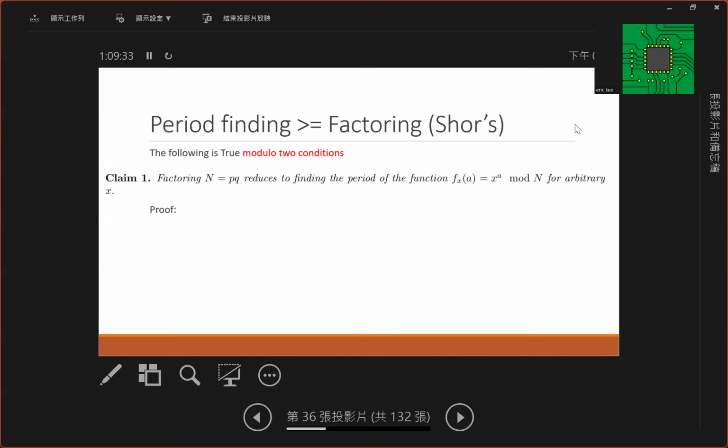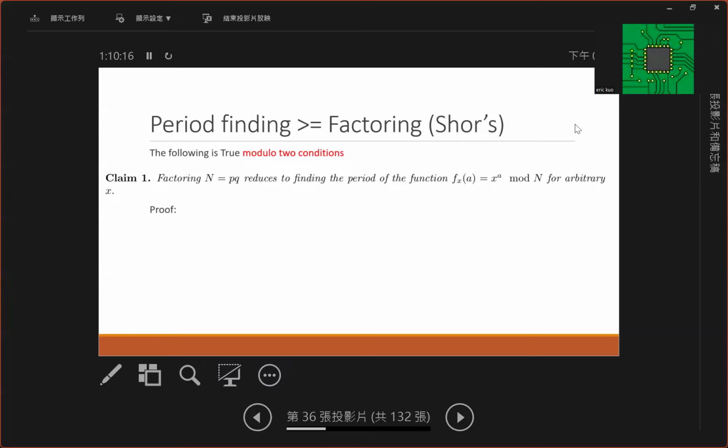I just compute the GCD of 10 and 3 squared. Sorry, let me change this number. Why this example? Because 10 is an even number, so I don't need to. So for example, I choose n to be 15. Let's say x to be 2.